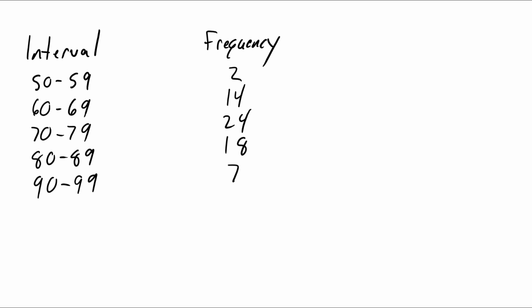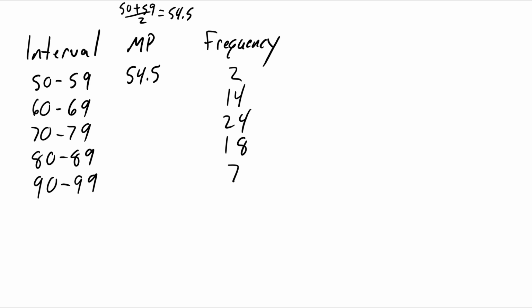But we have to make an assumption, and our best guess is that they're right in the middle. So we'll call this the midpoint, which I'll just write as MP. And the midpoint is we just add the two numbers together and divide by 2. So, for example, we would add 50 plus 59 and divide by 2, and that's going to give us 54.5. So that's our midpoint for that interval.